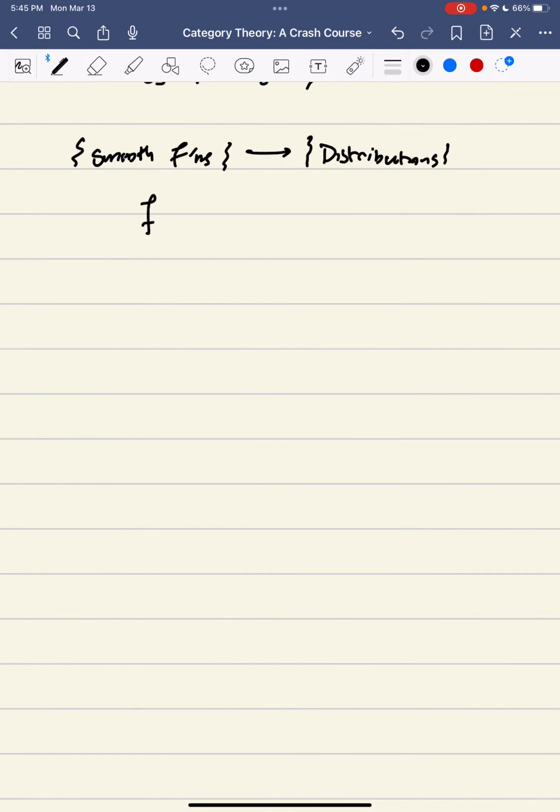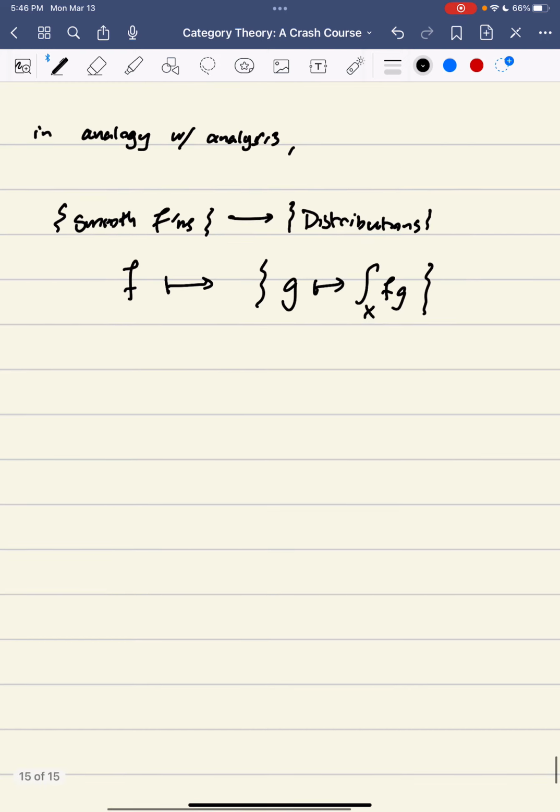You send some smooth function, I'm playing hard and fast with the rules here, to the distribution here. You sort of enlarge the category of smooth functions to a bigger category where more properties hold. You should really think about this as the analogy with C embedding into the category of functors on C.